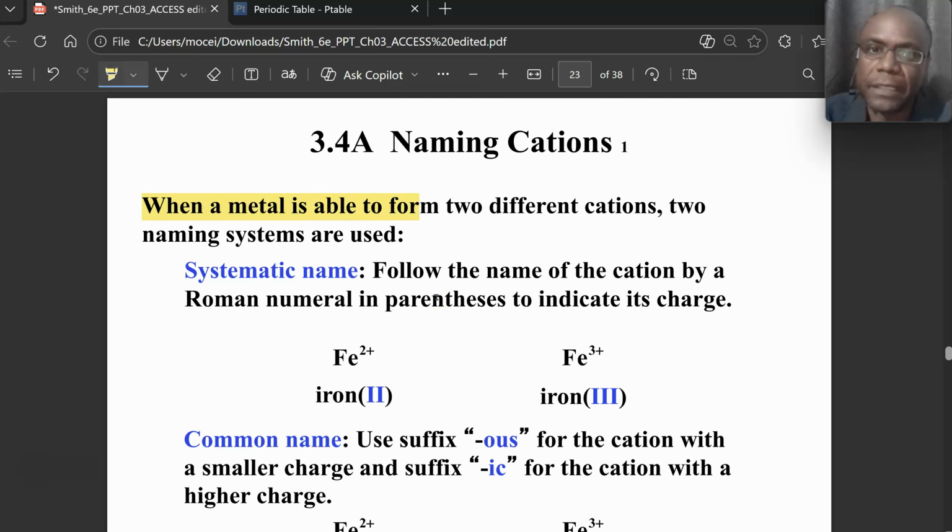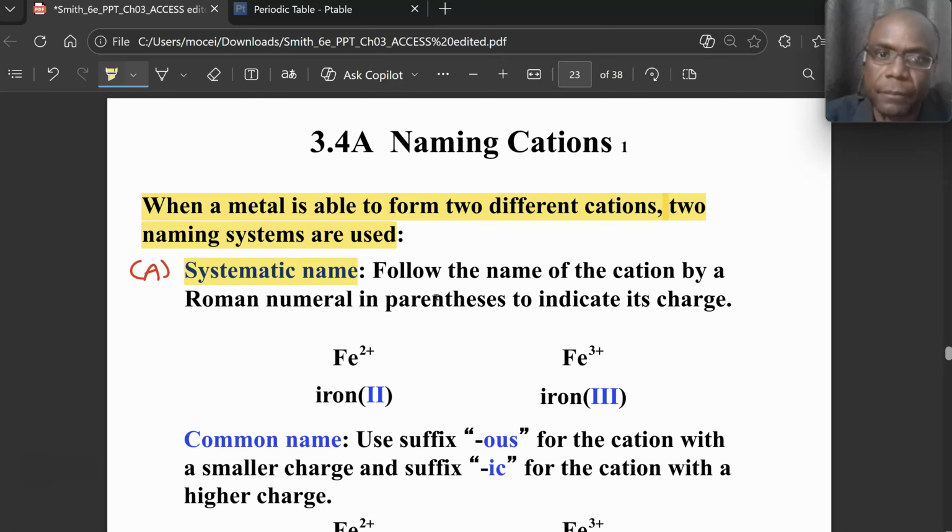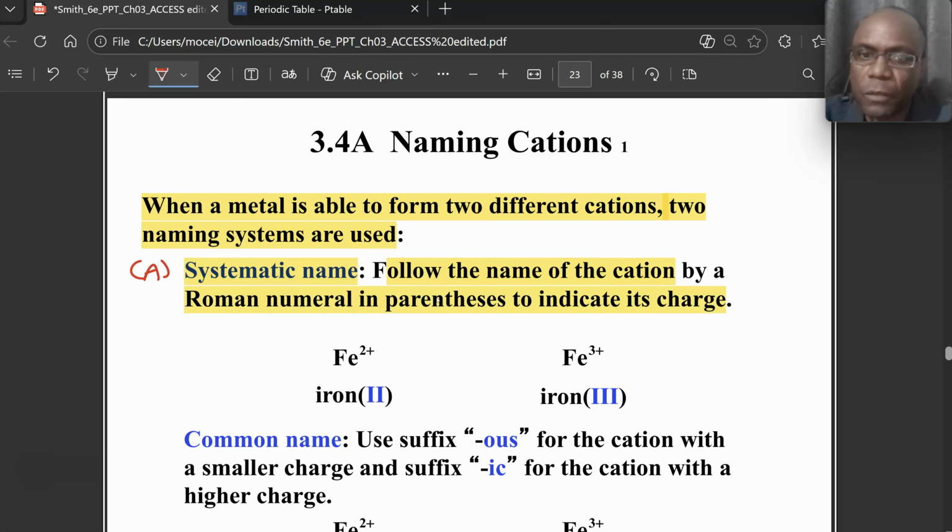When a metal is able to form two different cations, two naming systems are used. The first system, let's call it A, is what we call the systematic name. Follow the name of the cation by a Roman numeral in parentheses to indicate its charge. This is when the same metal can bear several charges, like iron 2, iron 3.